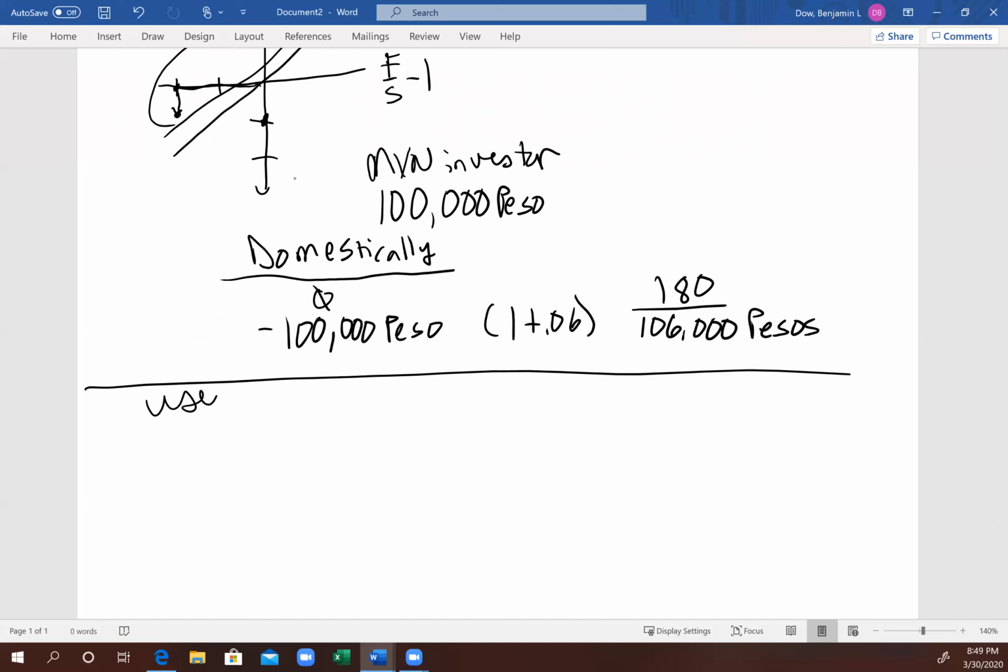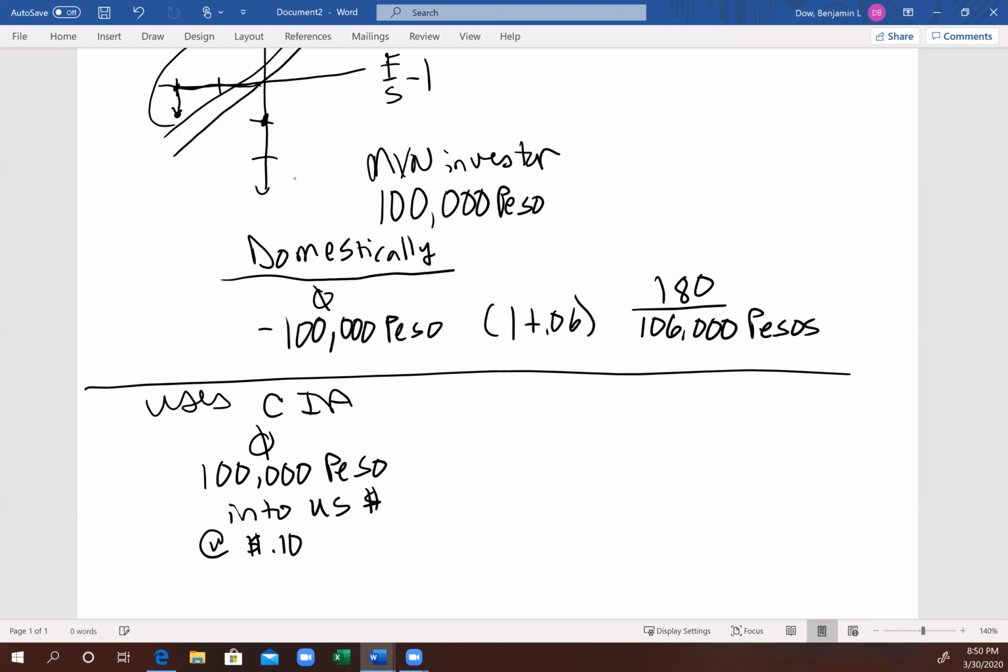If he uses covered interest arbitrage, which he can because it's above the line, then on day 0, he would convert 100,000 pesos into US dollars at the spot rate of 10 cents per peso, and he would have $10,000.